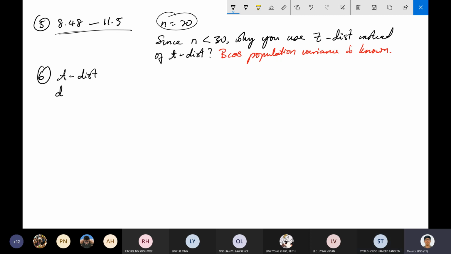Then what is your degrees of freedom? Your alpha is 0.005. Degrees of freedom? 19. Correct. So your answer is? 2.861. Your T 0.005 with 19 degrees of freedom is 2.861. Correct. Then what is your final answer? What's the range?